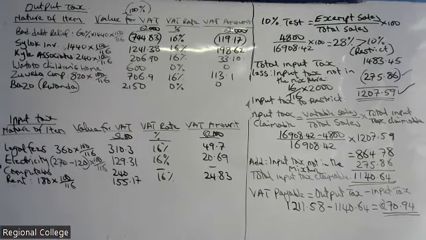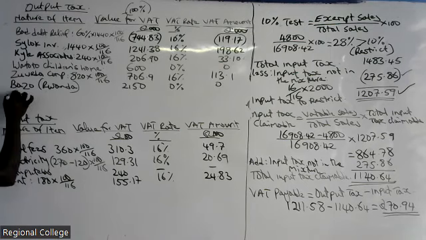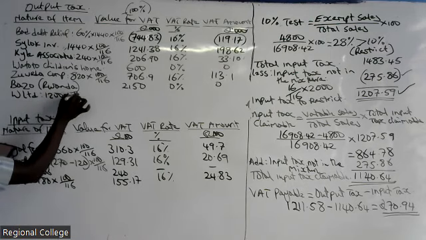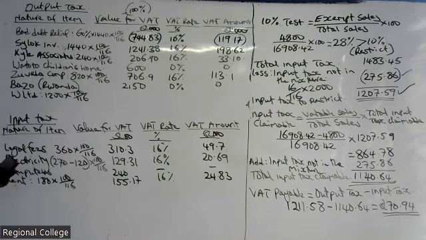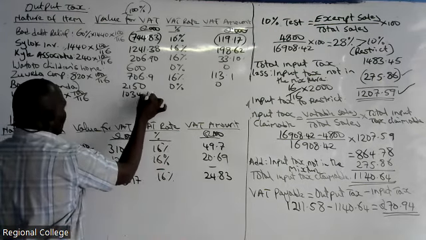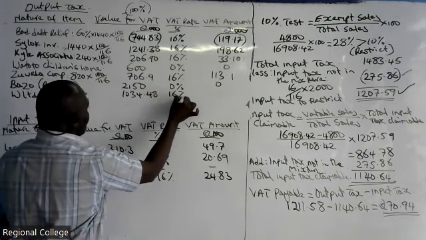Then W Limited: 1200 times 100 over 116 gives 1034.48, and 16% is 165.52.